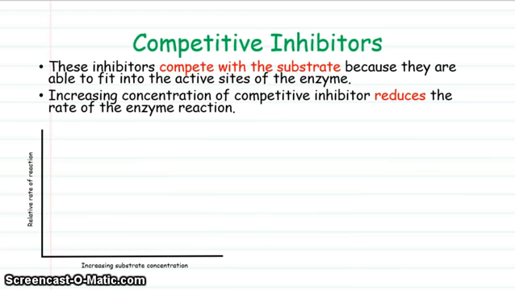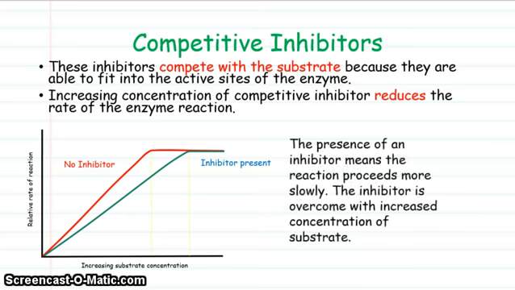So if you increase the concentration of the competitive inhibitor, that will reduce the rate of the enzyme reaction. For example, there's a standard rate of enzyme reaction without an inhibitor and with an inhibitor present. In order to overcome the effects of the competitive inhibitor, you have to increase the substrate concentration further.